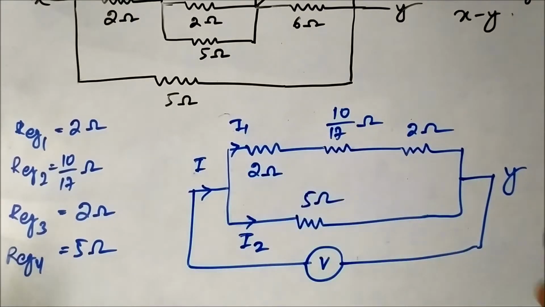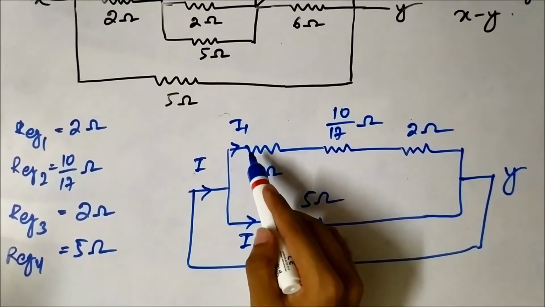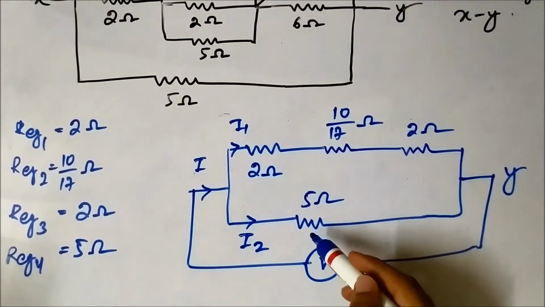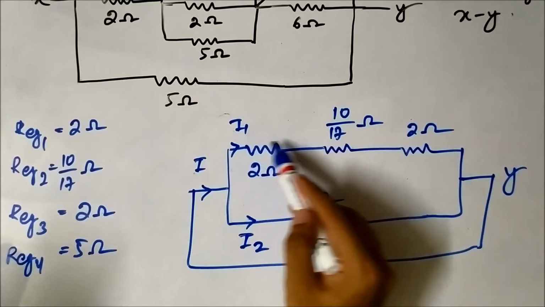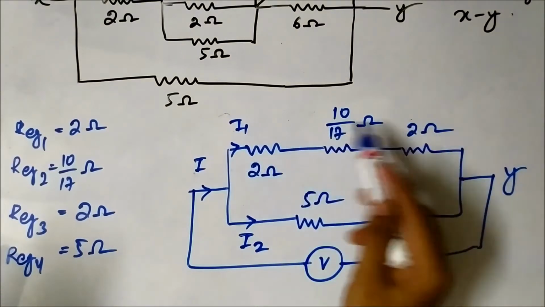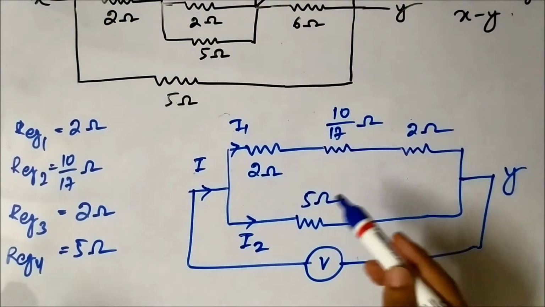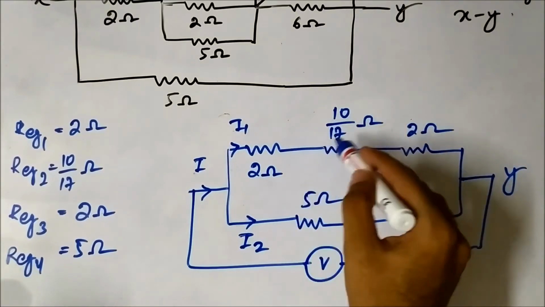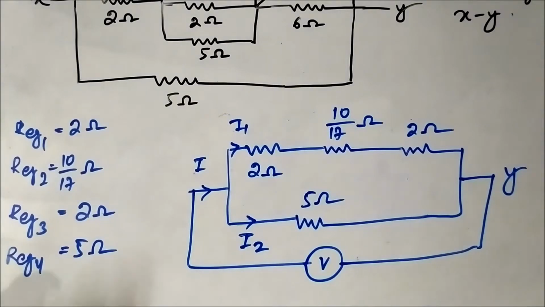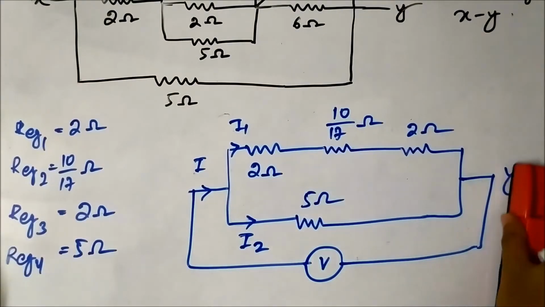So the total circuit is, these three resistors are in parallel across the 5 ohm resistor. So first we have to add these three resistances, and then we have to find out the equivalent circuit considering the total resistance and 5 ohm as a parallel combination. So let's see.